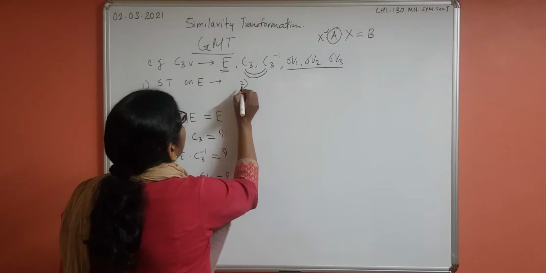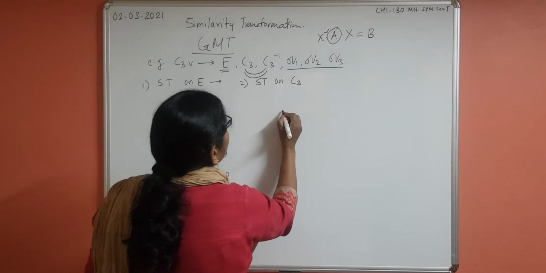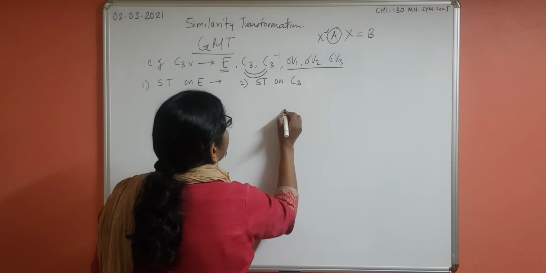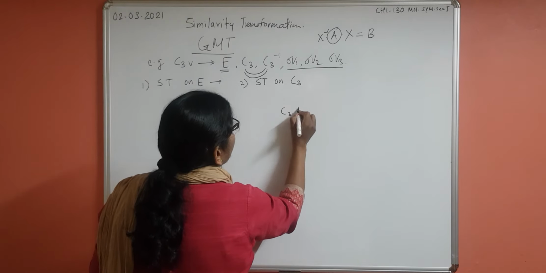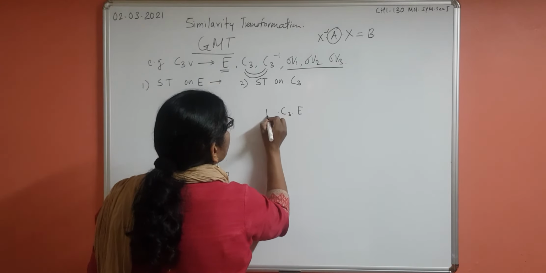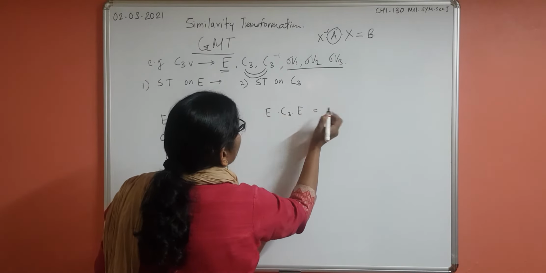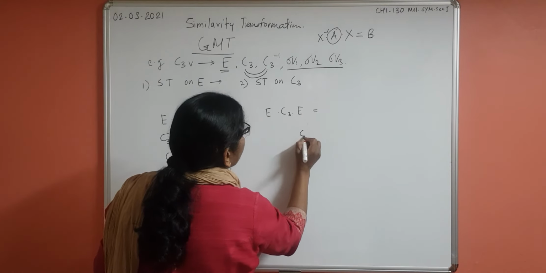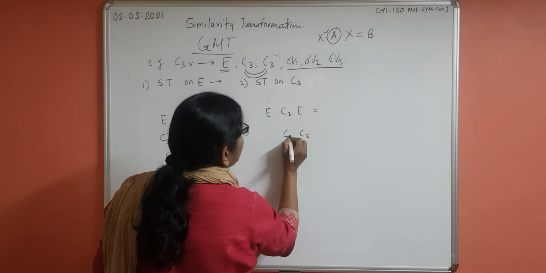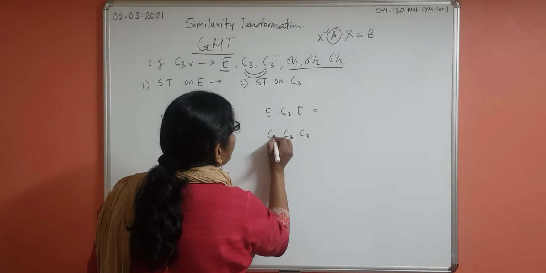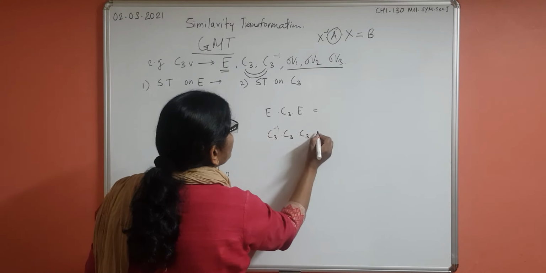So second, similarity transformation on C3. Now in the place of A, C3 will come. So I will write here C3 identity, inverse identity itself. So we need to find the answer. Second, C3 similarity transformation on C3, inverse of this C3 is C3 inverse.